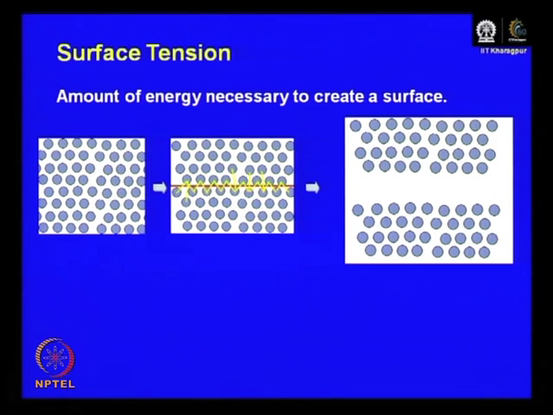Now, we all know the word surface tension. We started to read it along with general properties of matter in our school days, along with viscosity probably. Now, what exactly is surface tension? Without going into a formal definition, or this can also be a formal definition, in many ways it is the energy required to create a surface.